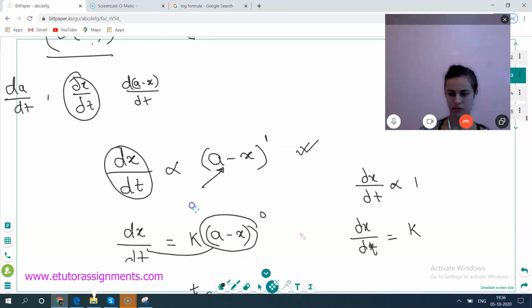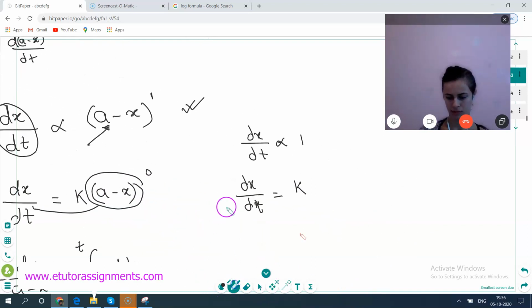If dx by dt is constant, our working is very simple. dx is equal to k dt. Is it clear? Integration: initially 0, finally x.